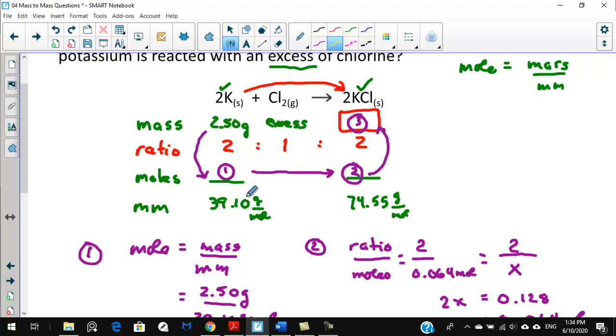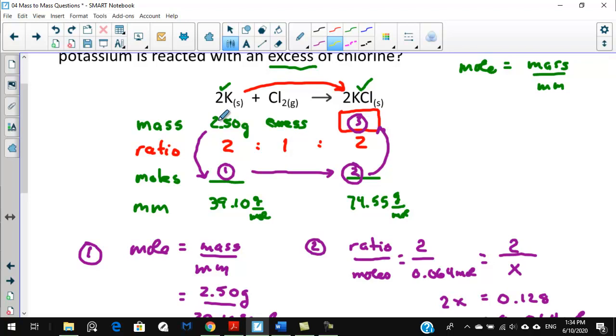If you want to come back and take a look at another example, I will put another example up from the homework. But it's a matter of taking your balanced chemical equation, gathering up all of your data. Once you have your data gathered up, you'll have a column where you can calculate moles. You move the moles to another column, and then you can turn that back into a mass.